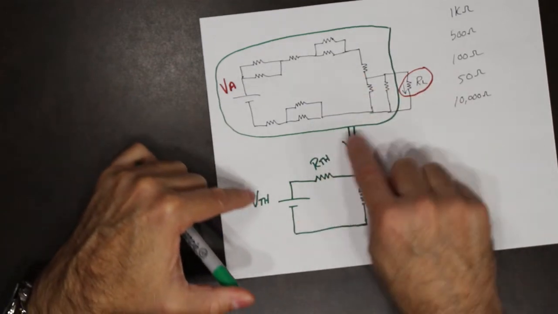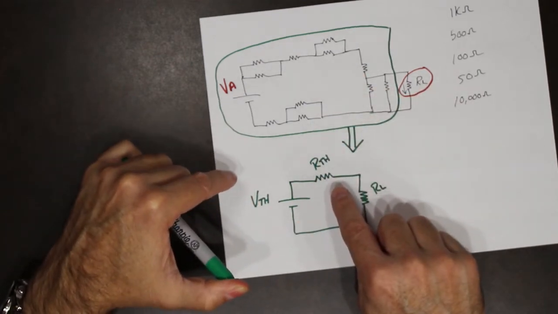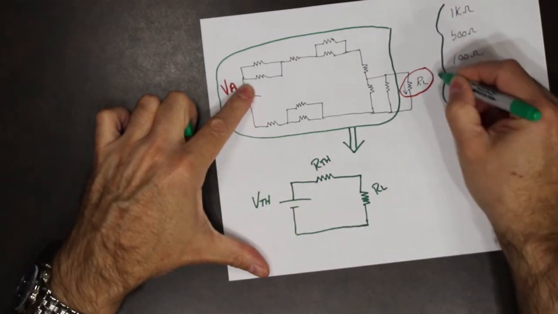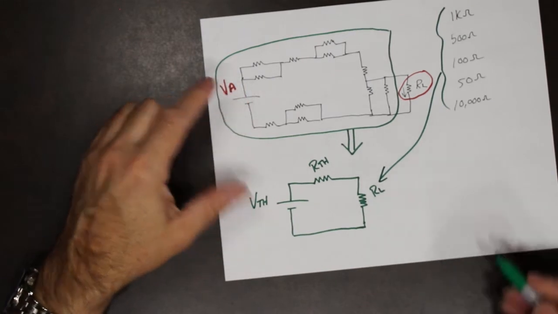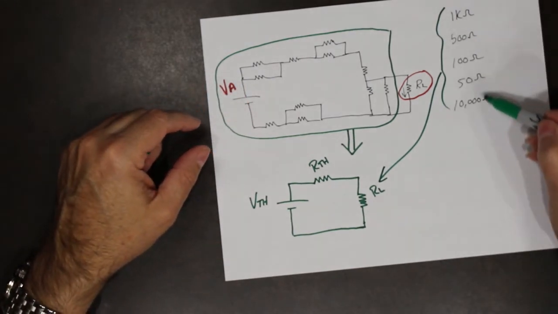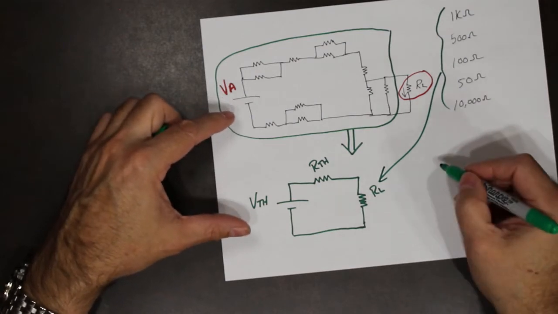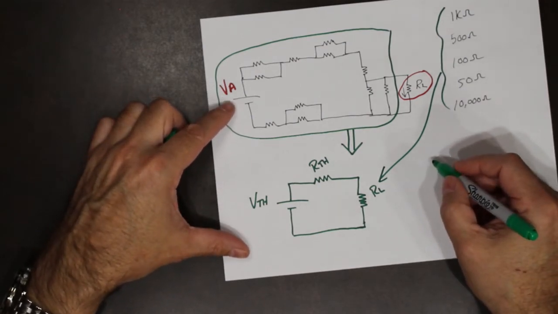So once I have the equivalent, all I do is pop in those loads, and it's one calculation.